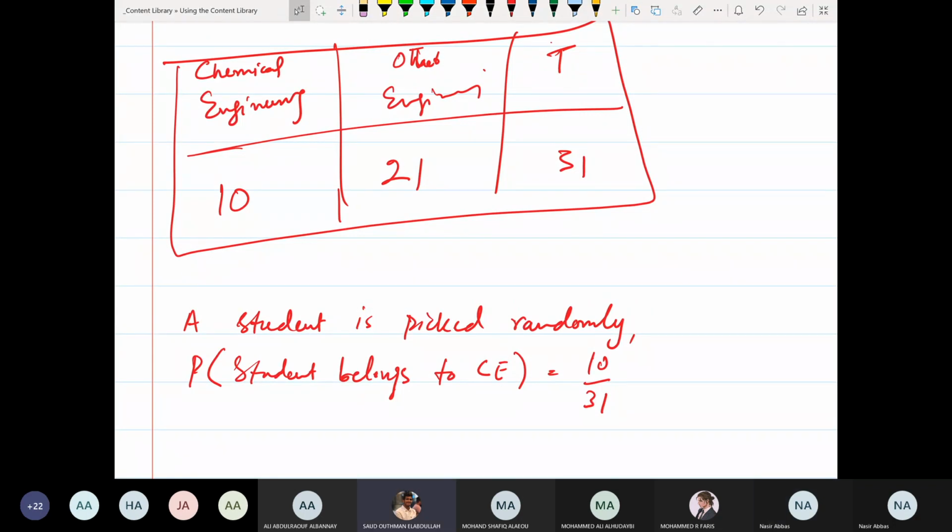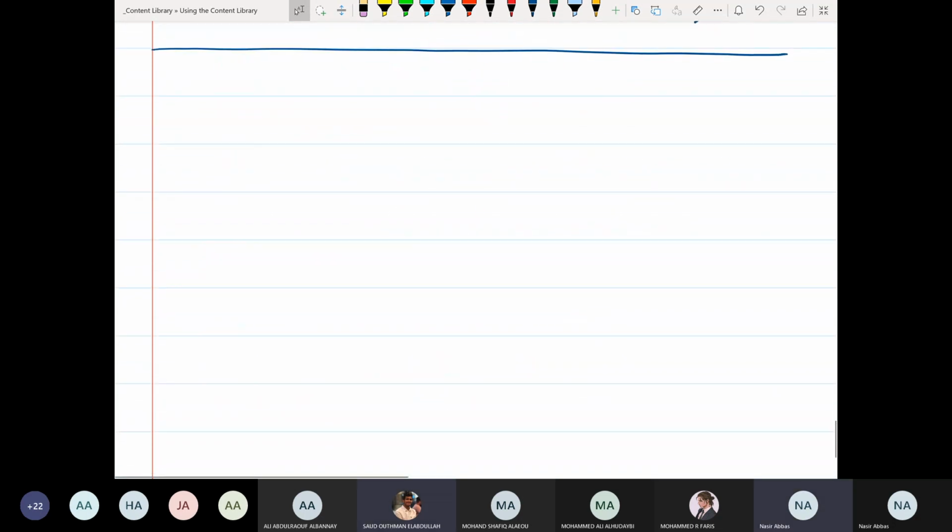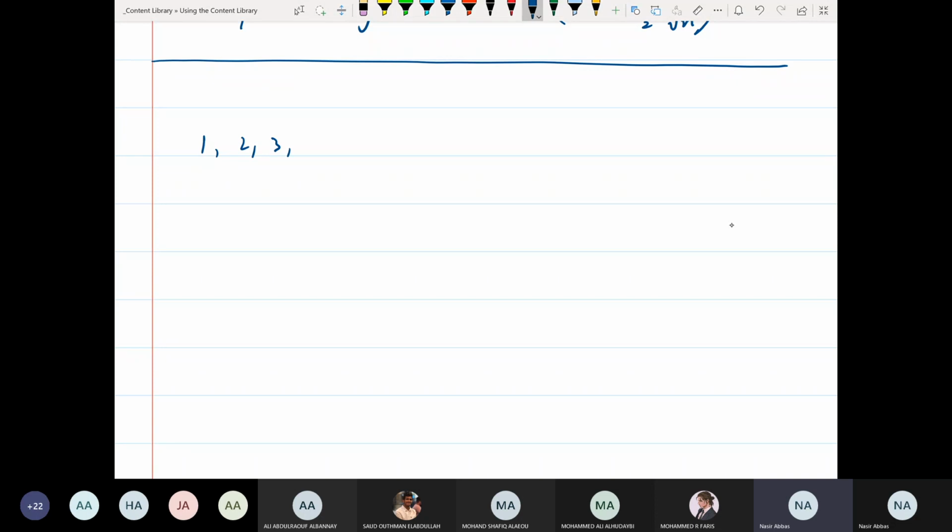Could you please give us more examples? Like, for example, I have a set 1, 2, 3, 4, 5, 6. And what's the probability that I will pick 3? You have a set of 6 numbers.